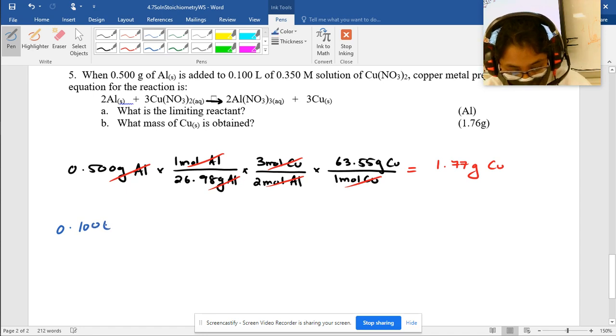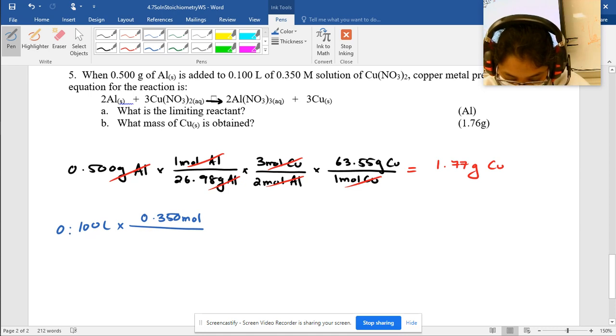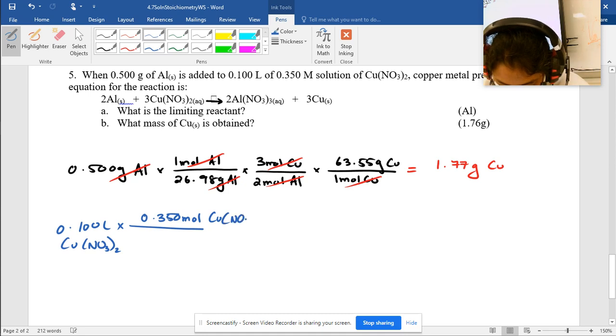Then we would do 0.1 liters. Remember, if you get volume and molarity, you should use that to get moles. So this is 0.100 liters of what? Copper nitrate. And this is also copper nitrate.